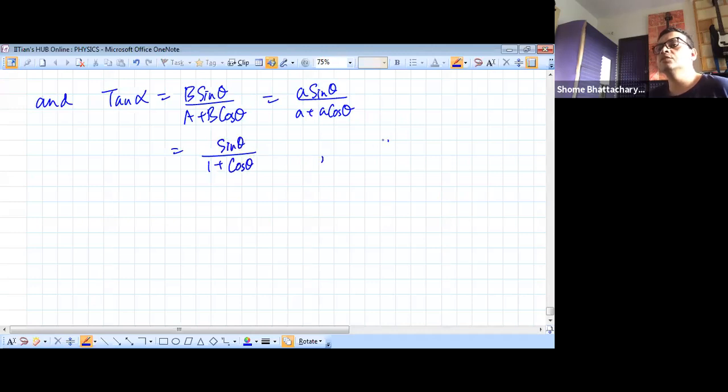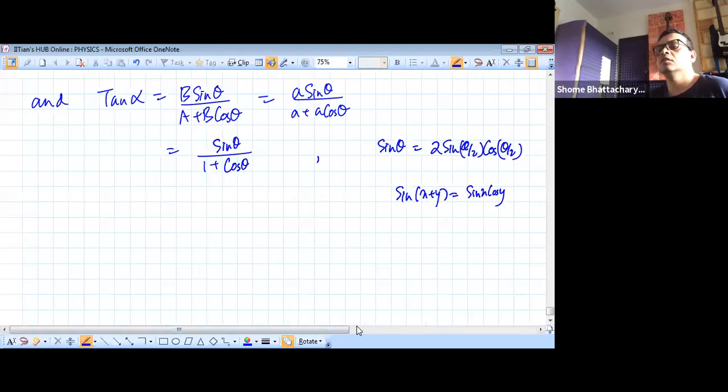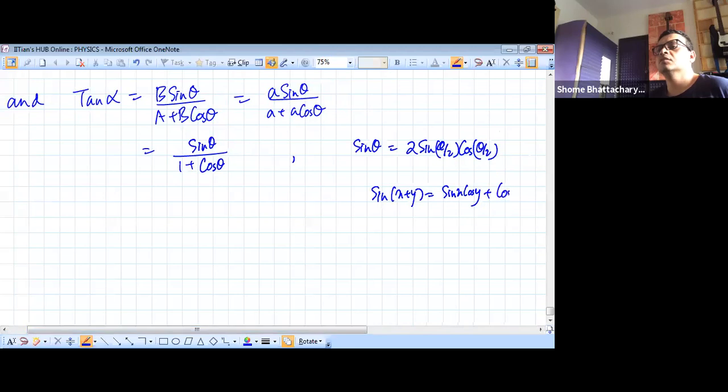Now again what we'll do is we'll replace sin theta as 2 sin theta by 2 cos theta by 2 using the formula sin of x plus y is sin x cos y plus cos x sin y.